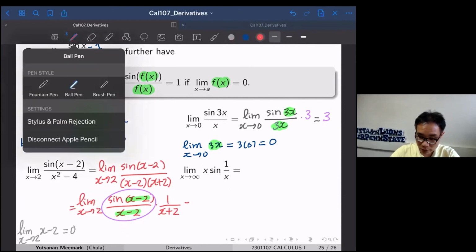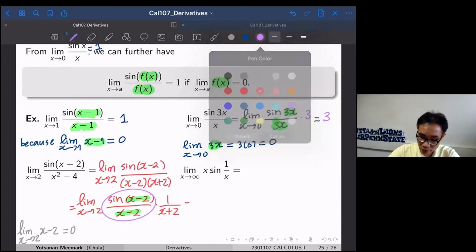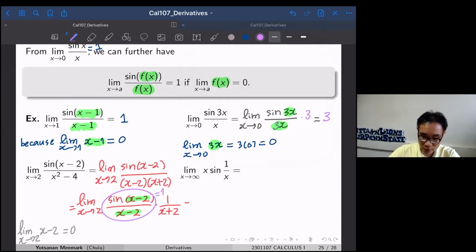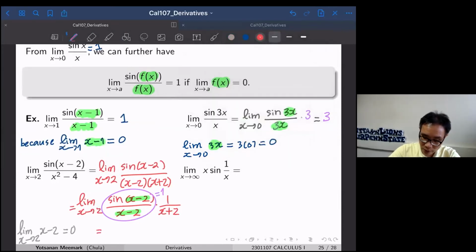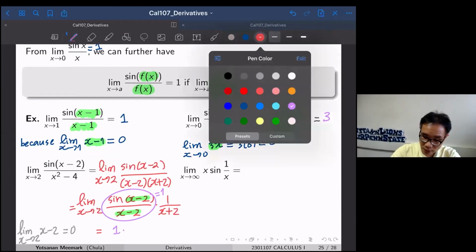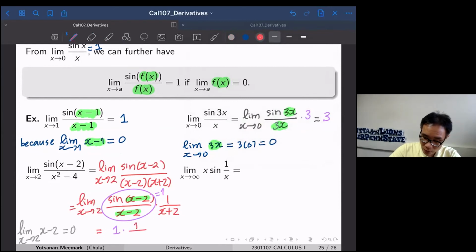Let me write it here. So this guy is equal to 1, and the final one will be limit x goes to 2, so it's going to be 1 times 1 over 2 plus 2, so it's going to be 1/4. Okay, so this one will be that.